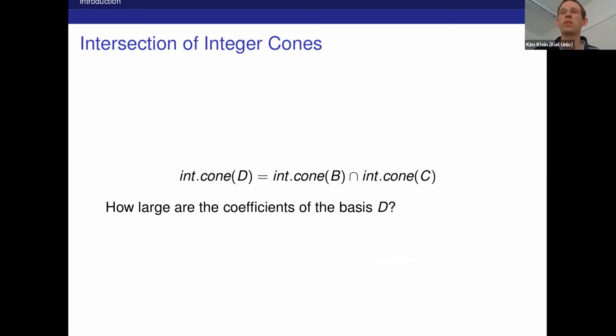But actually we can do this. We have two integer cones, the intersection of two integer cones is again an integer cone, and the coefficients of the new basis are only parameter again.